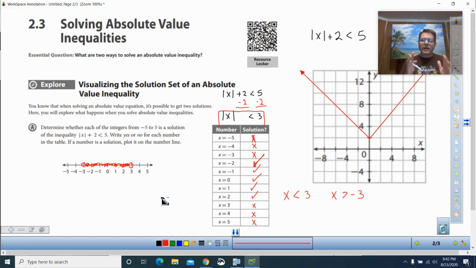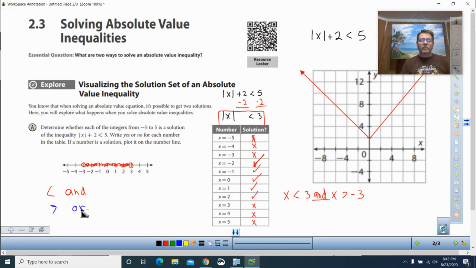So you understand why I said and? Because if I said just bigger than negative 3, that'd come all the way up. But I'm just looking for things that are between those two. So that's an and statement. And what we're going to find out real quickly is that a less than symbol is an and statement, and a greater than is an or statement.